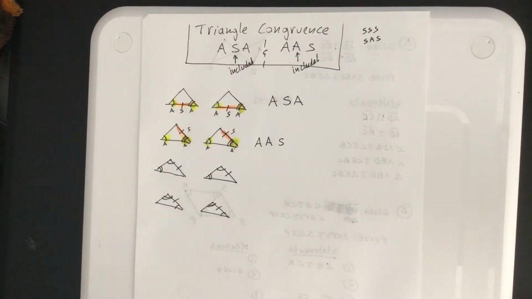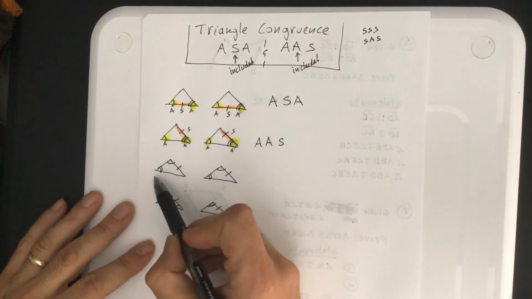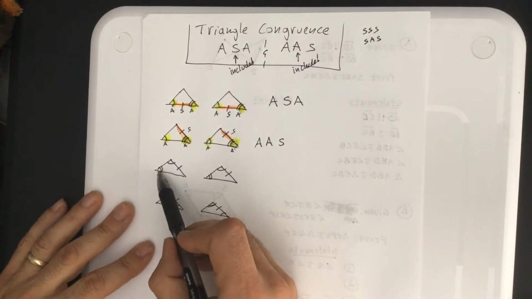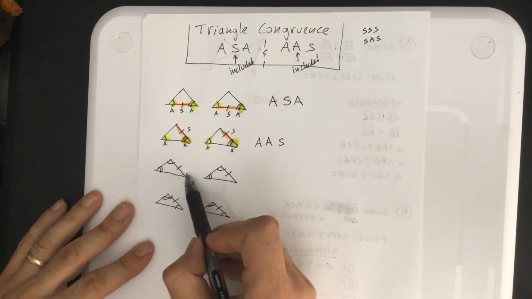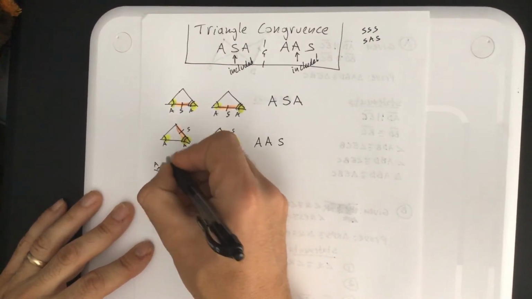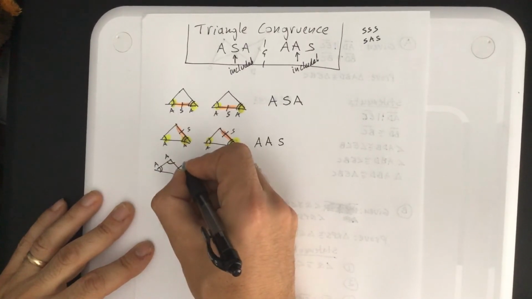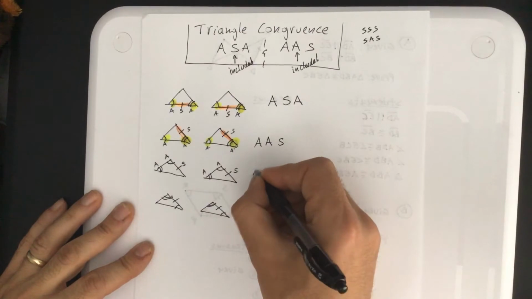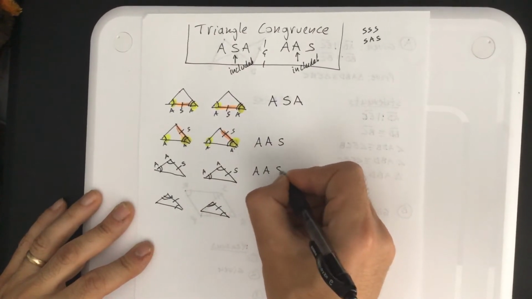What about the next one? Is it angle, side, angle? Or is it angle, angle, side? Well, let's take a look at it. If we go this way, obviously, because we gotta go this way because they're consecutive, right? We got an angle here, we got an angle here, and then we got a side. Angle, angle, side.